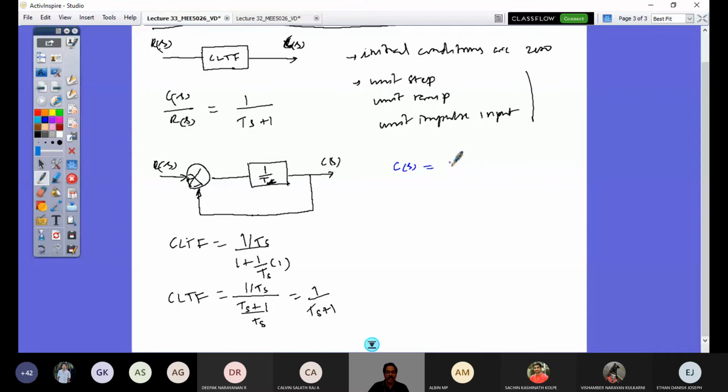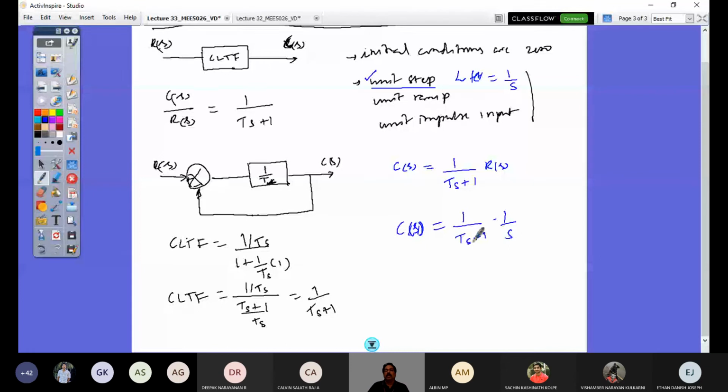The advantage of representing in the Laplace domain, or through the transfer function, is that the simple product of your functions is sufficient. The Laplace transform of the unit step function is 1 by S. So I just put this here: 1 by Ts plus 1 into 1 by S. This is my output response in the Laplace domain.